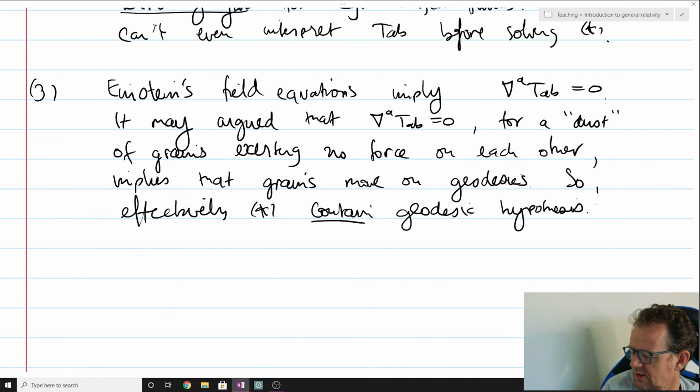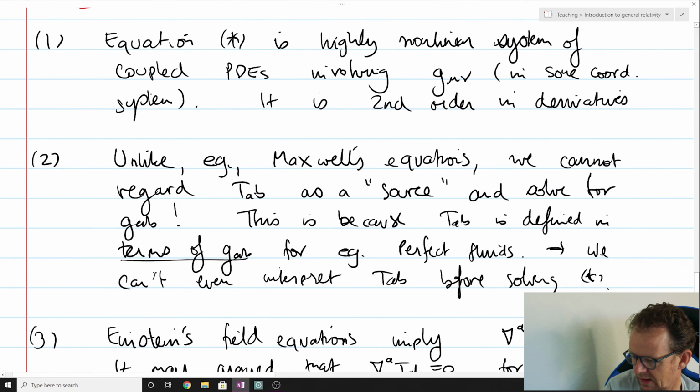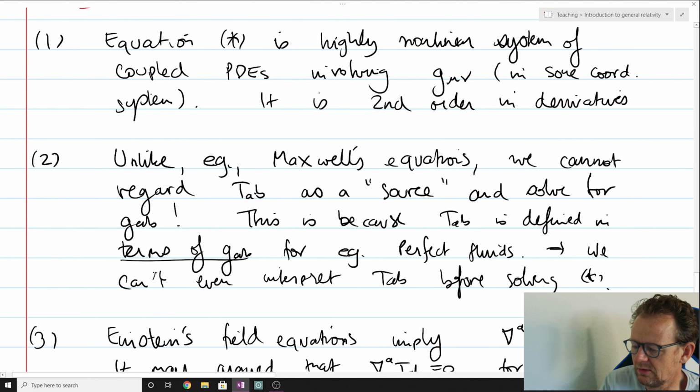So that's an amazing consequence of Einstein's field equations, that they effectively contain the geodesic hypothesis without it being directly built into them. That alone is breathtakingly impressive, and difficult to comprehend. It's as if this theory magically wants to be correct.